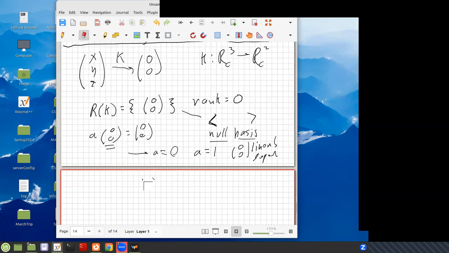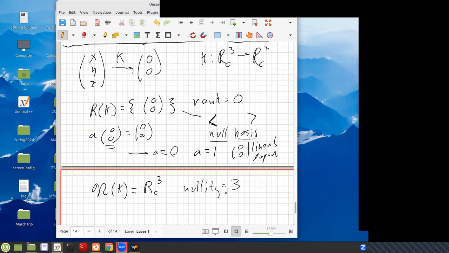What about the null space? What's the null space of K? Since this is 0, it's everything. It's all of R^3. So what is the nullity? 3.